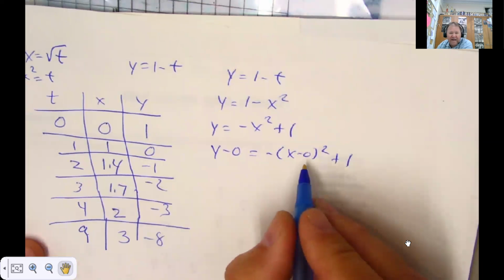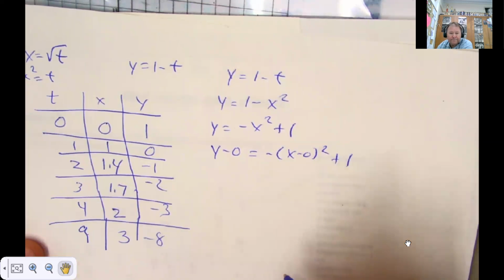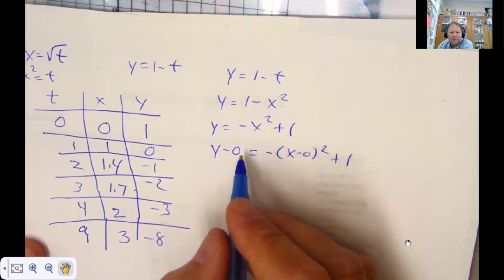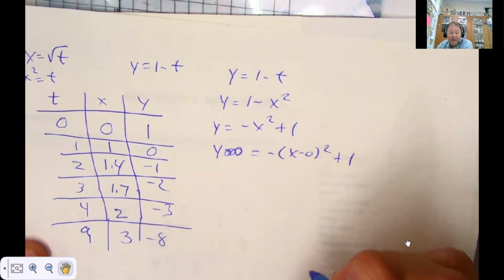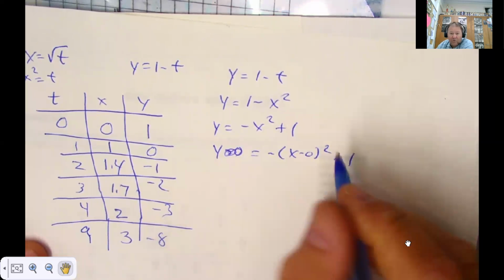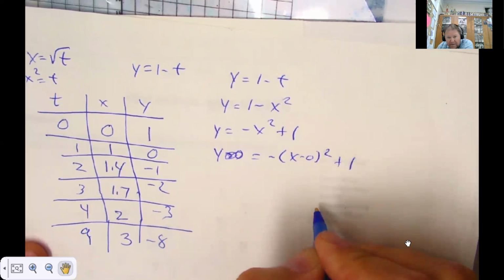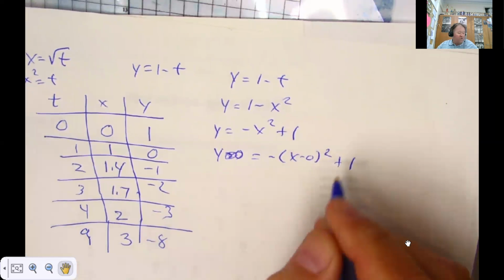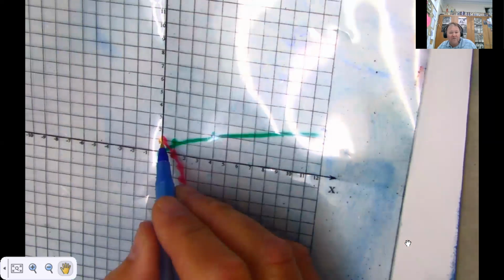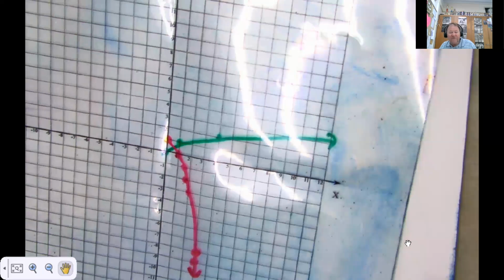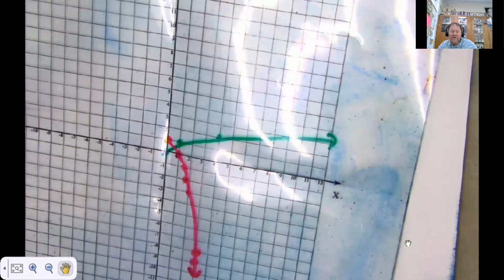The vertex is at 0, 1, and it's going down, right? It's a parabola that goes down, and sure enough, that's what we have, right? Vertex at 0, 1, it's going down. Makes perfect sense. Okay, let's look at another one.